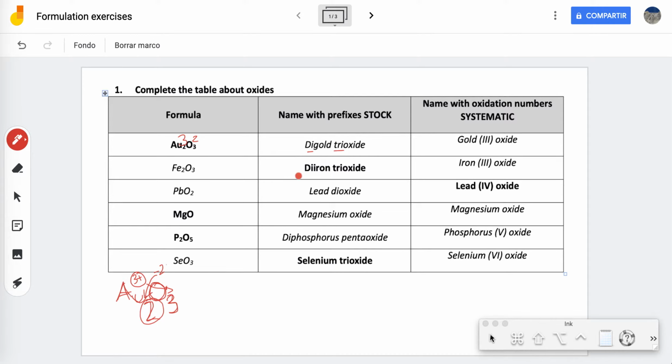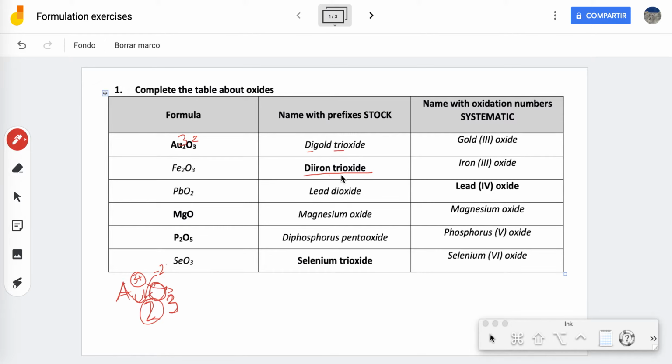The next is this. This is the name we have, and then we have to know the formula of the compound and the systematic name using oxidation numbers in Roman numerals.